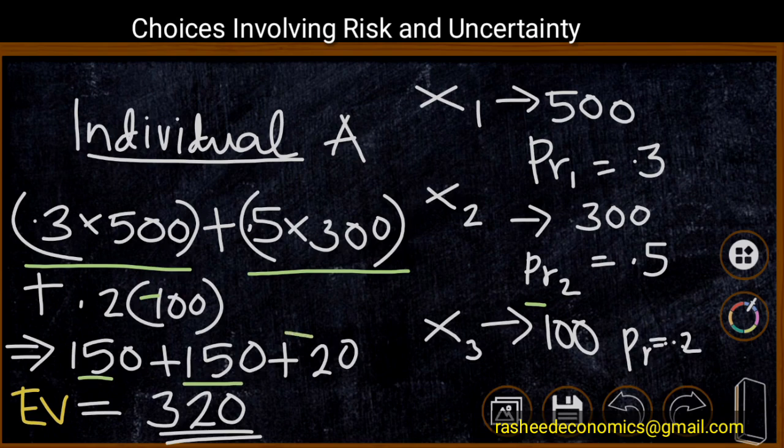Here the amount will be equal to 280. That is, when there is a change in payoffs, that is payoff has been changed from plus 100 to minus 100, the expected value also has been changed.